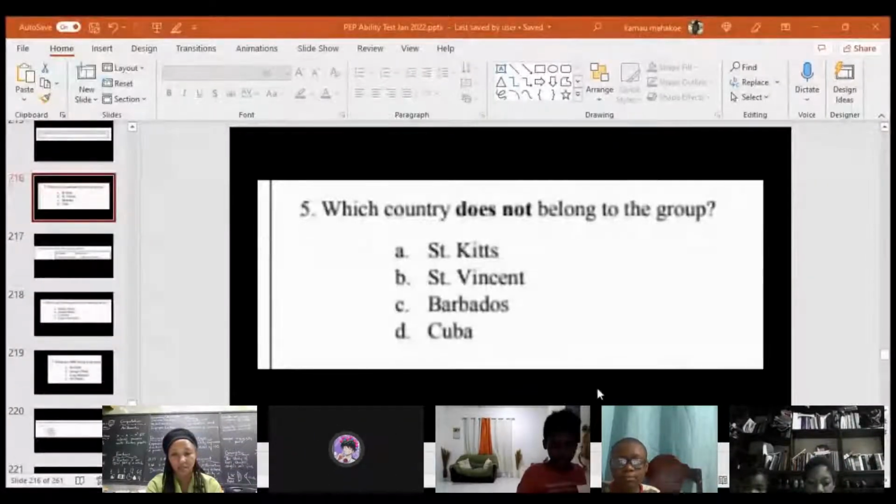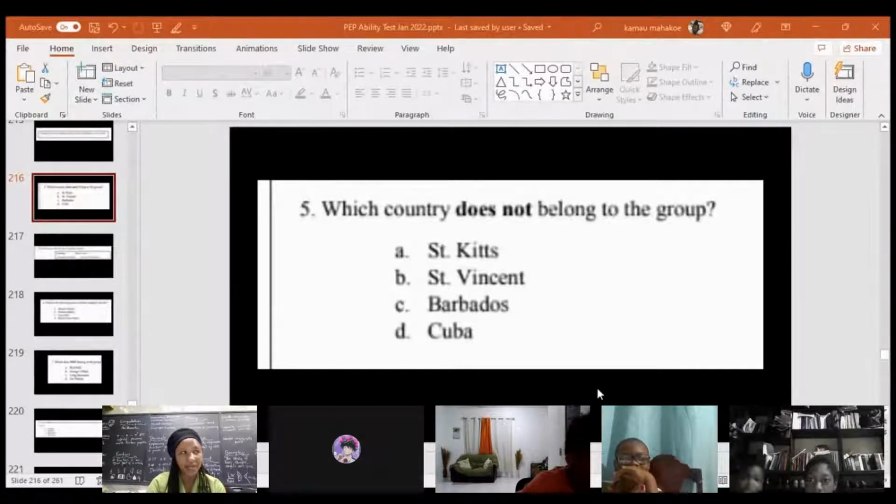All right, so Cuba was colonized by the Spaniards. In other words, the other three are English-speaking Caribbean islands. They have a history of being colonized by the British, whereas Cuba is Spanish-speaking and it was colonized by the Spanish.